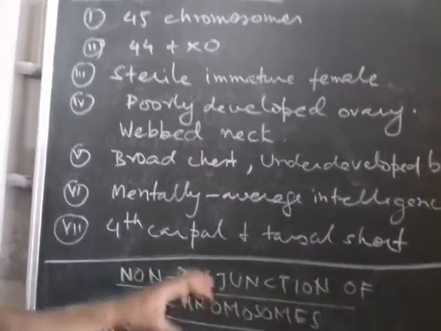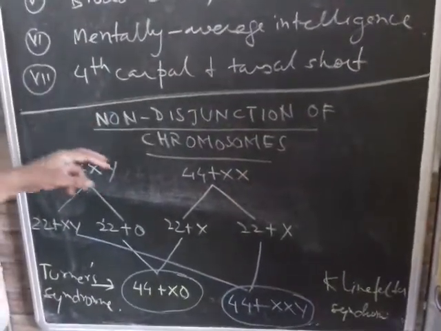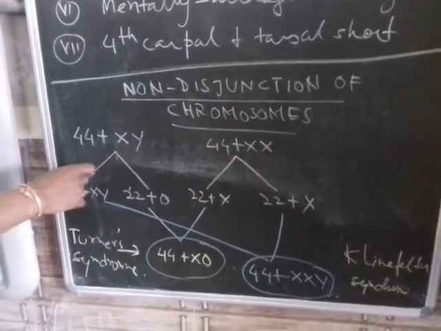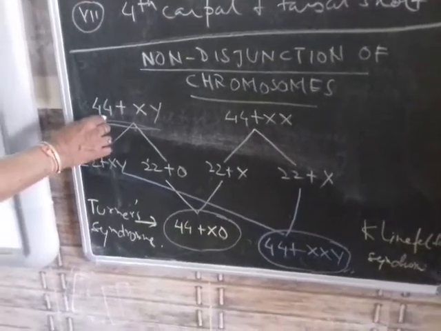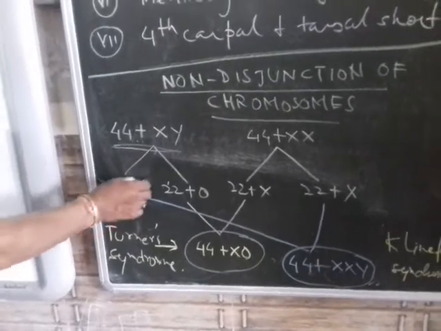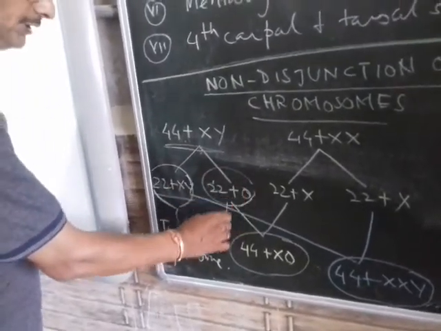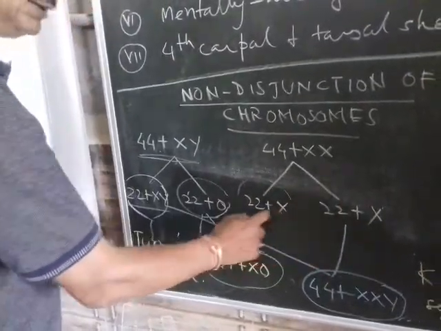Now we are going to know a little bit in detail about the non-disjunction of the chromosome. Here we are showing the non-disjunction. When meiosis is taking place, instead of 44 plus XY, suppose it divides into 22 plus XY in one of the sperm and another 22 plus 0. Here it is 22 plus X in the ovum.